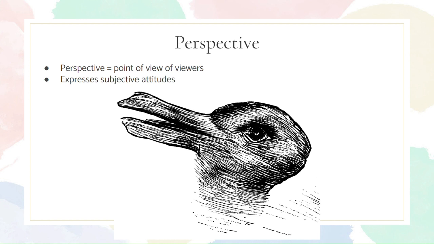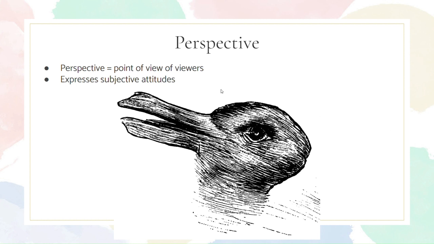Now, when we say subjective attitudes, it's not necessarily individual assessment of the image, but it is more towards the attitudes towards the image itself that makes it subjective, individual, or unique. I'll use an example which is not exactly from an advertisement, but it is a very favorite example of mine, which is the duck and bunny image.